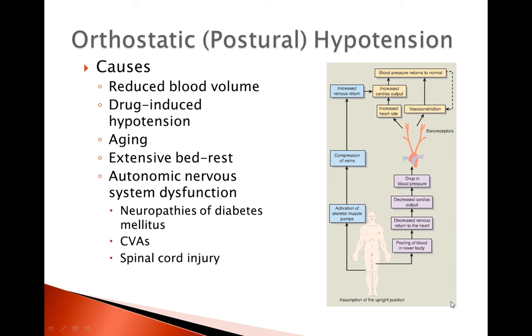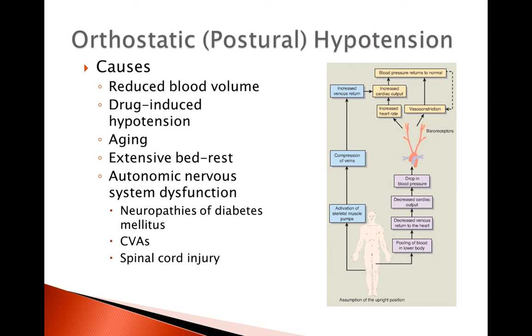So we're talking about some kind of stroke that can cause damage to sympathetic receptors in the brain, the stimulation to get that sympathetic system moving again, and certainly spinal cord injuries can also be a problem for postural hypotension, because if you have a spinal cord injury, you may very well have lost your skeletal muscle pump, cardiac muscle pump as well. So there obviously can impede your ability to bring your blood pressure back to normal.